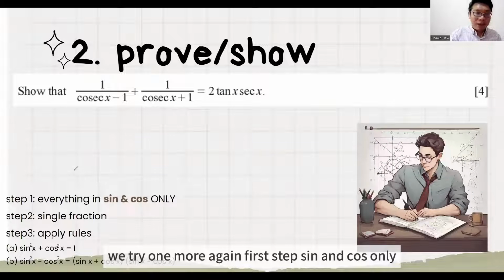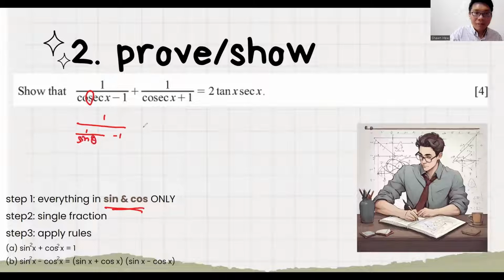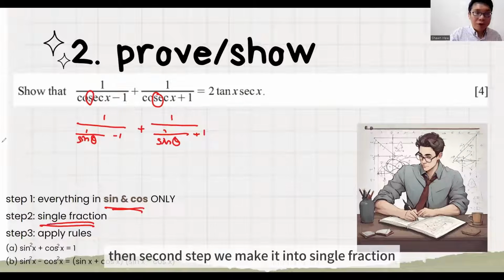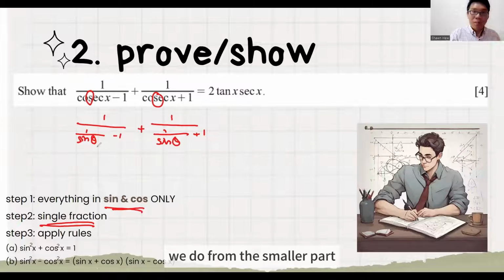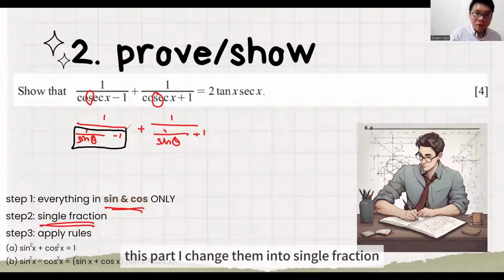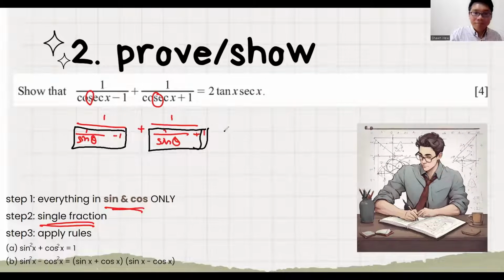We try one more. Again, first step, sine and cos only. Then second step, we make it into single fraction. We do from the smaller part. This part, I change them into single fraction. This part, I change them into single fraction. I times sine theta times sine theta.